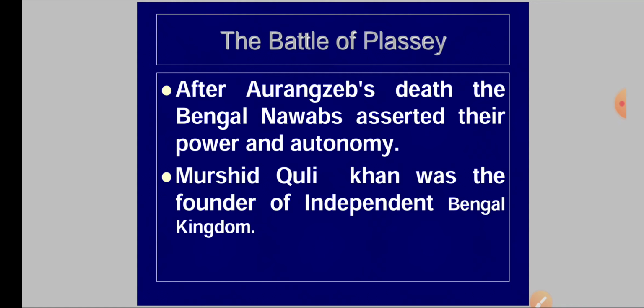But the successor of Ali Wardi Khan, Sirajud-Dowla, the Nawab of Bengal, refused to give these company members any concession because he was ambitious. He wanted to throw these people out of the Bengal territory. Company members misused their powers. They started fortification of their forts in the Bengal territory.